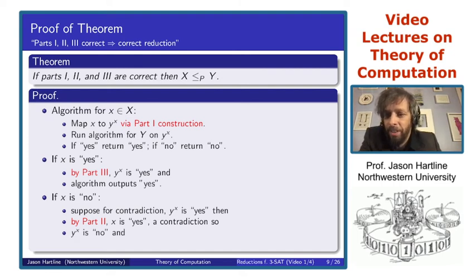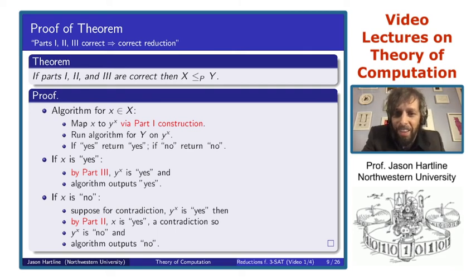And therefore, it must have been that actually Y super X was a no instance, and the algorithm outputs whatever is the correct answer for Y super X, which in this case is no. And so again, we see if X is no, then the algorithm outputs no. Therefore, this is a correct algorithm for solving X, determining whether X is yes or no, and so it's a correct reduction.